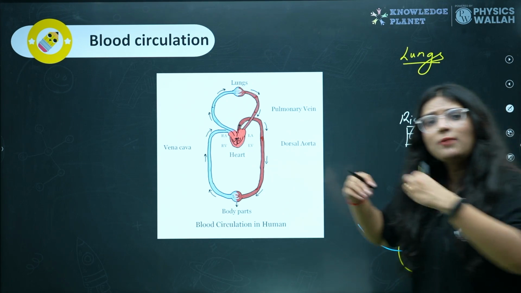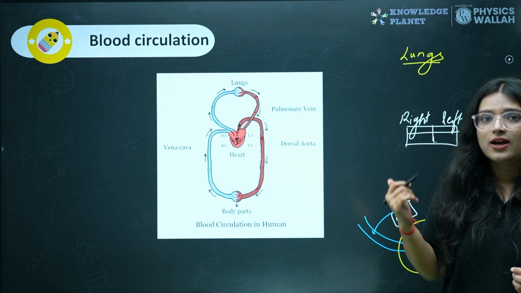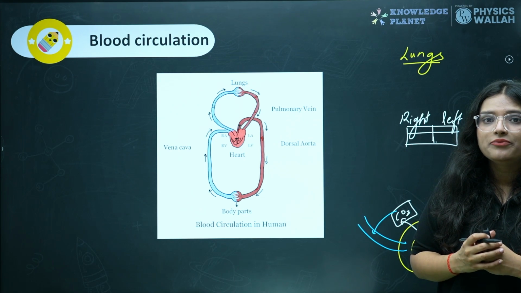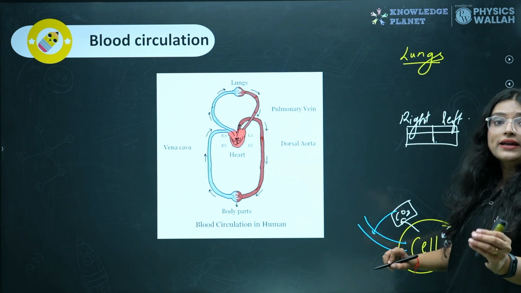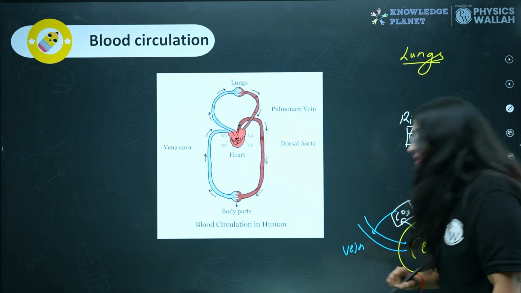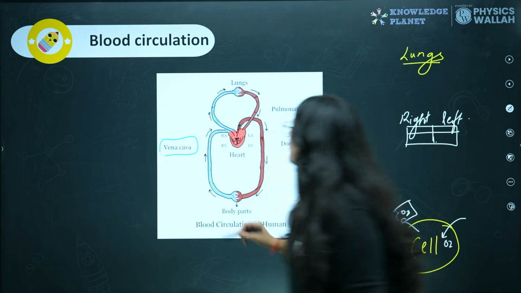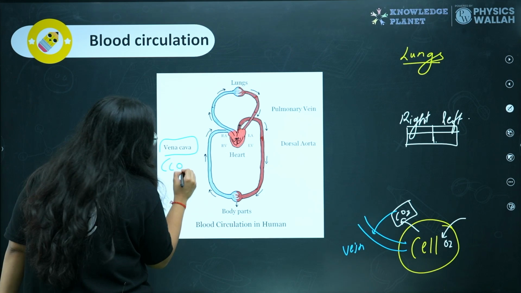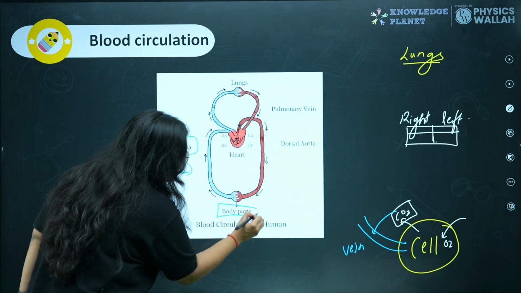It has to be taken up to the heart, so that the heart can pump it towards the lungs so that it can get oxygenated. This carbon dioxide is carried by a vein, and the largest vein is the vena cava, carrying deoxygenated blood from the different body parts.